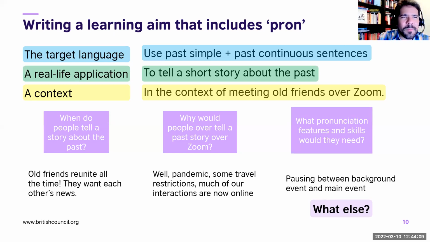So weak form work is more or less automatic if you get your learners to work on thought groups. Just an idea. Feel free to totally disagree.